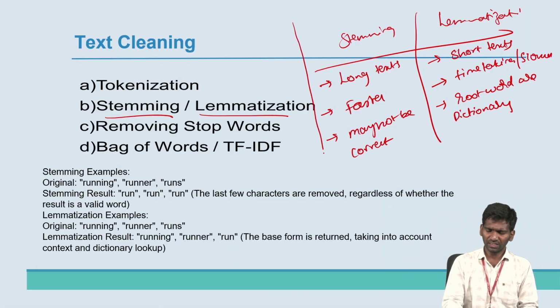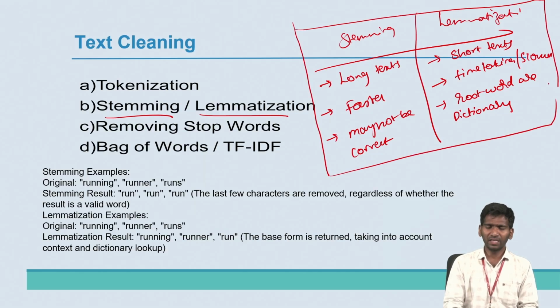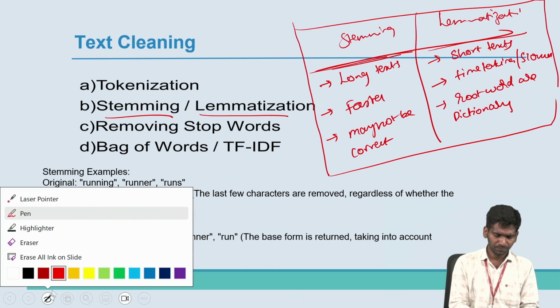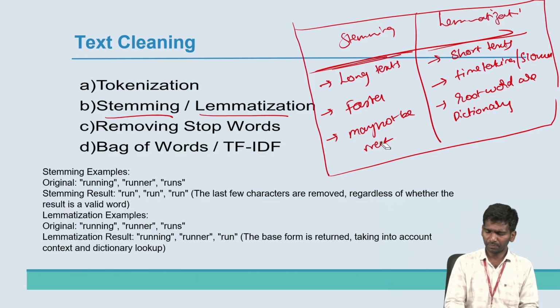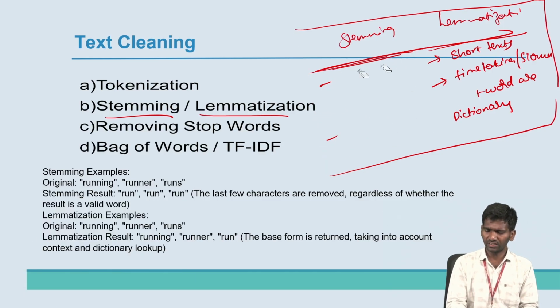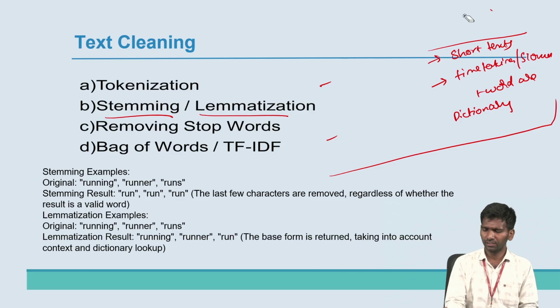Not in all cases will we get it wrong, but for some words we may get wrong root words with stemming. That's why we can go with lemmatization. So it all depends upon the user and the text, whether to go with stemming or lemmatization to extract the meaningful root word from the words.